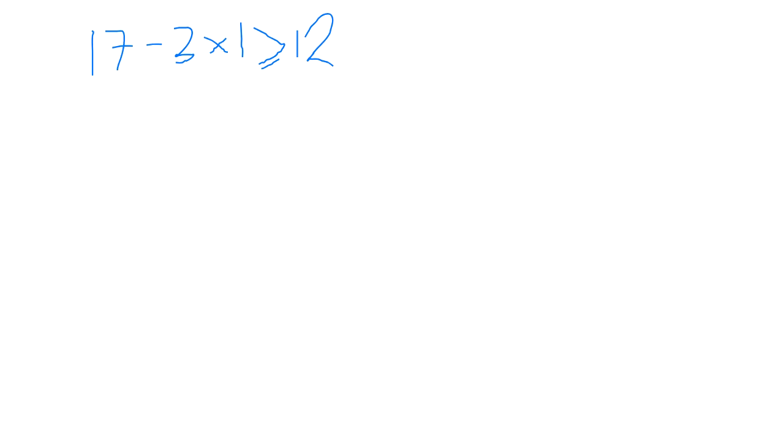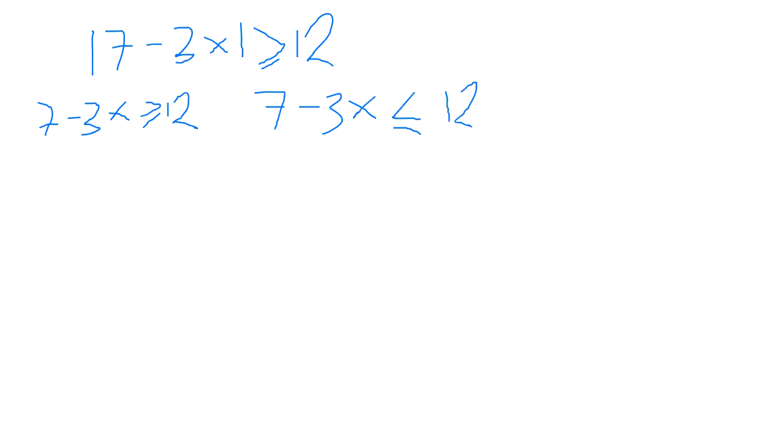So we are going to have 7 minus 3x greater than or equal to 12, and 7 minus 3x less than or equal to 12. So we are going to solve these two.